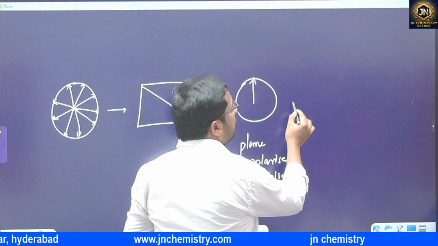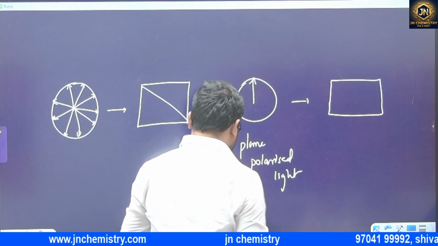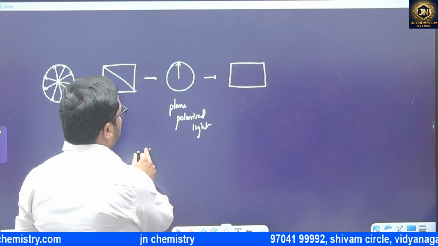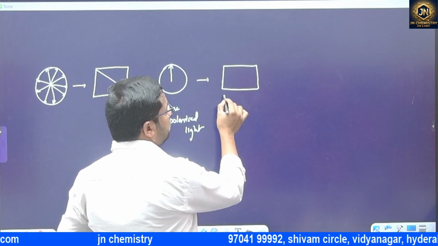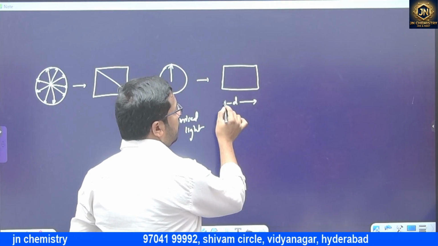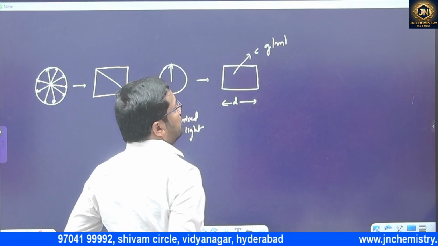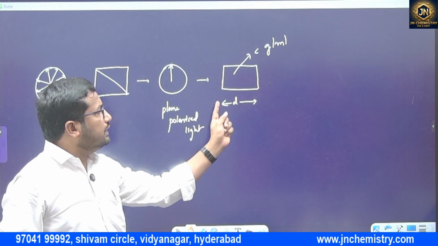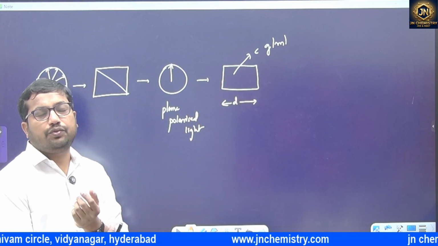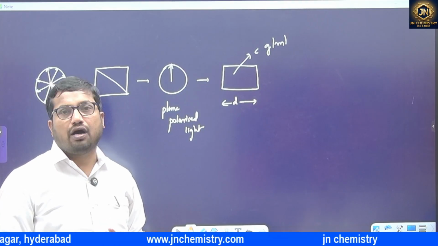Now, whatever the compound, if we would like to check whether the compound is optically active, this is polarimeter tube, concentration in gram per ml we will take, and the length of the tube, polarimeter tube. In the polarimeter tube, whatever the organic compound, we want to check optical activity, whether that compound is optically active or not.